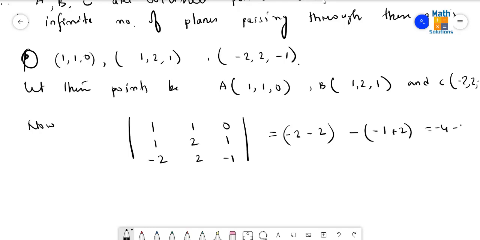These will be minus 4, minus 1. So the answer comes as minus 5, which is not equal to 0.